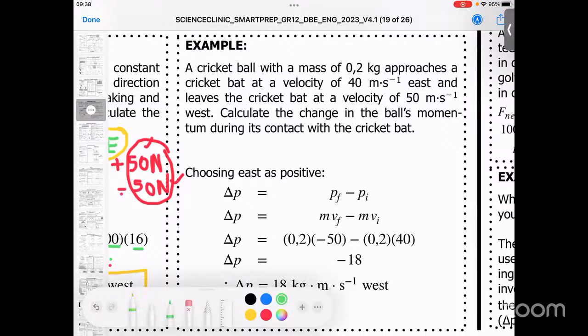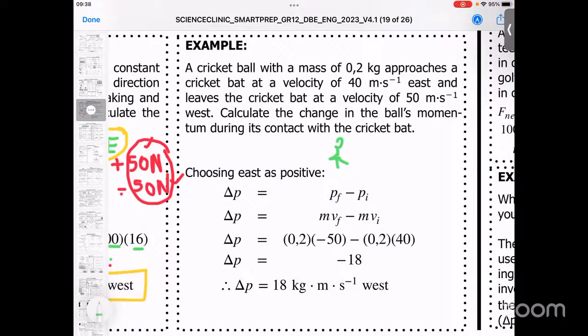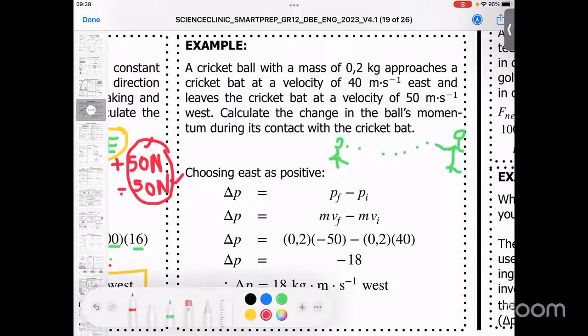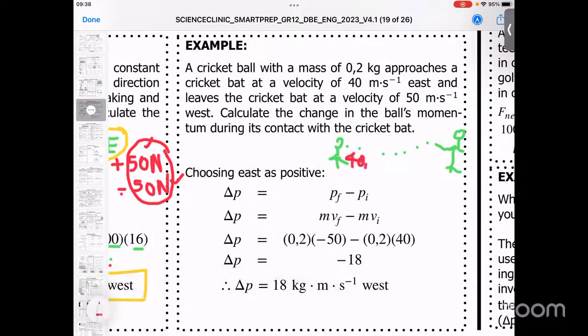I hope you have a better understanding of what's happening there, Andre. You know cricket most. There is this one who is going to throw this thing to that one who has got that bat thing, and then they are going to hit it with a bat. So this ball, as it is going towards that, is traveling at 40 meters per second, meaning initially it is having that speed.